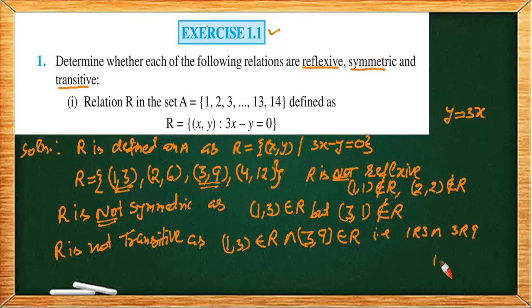But 1 is not related to 9. The ordered pair (1, 9) doesn't belong to R. Here you see the ordered pair (1, 9) doesn't exist. So this relation is not transitive. So it is neither reflexive nor symmetric, and also it is not transitive. Clear? So in this way we can solve this question.